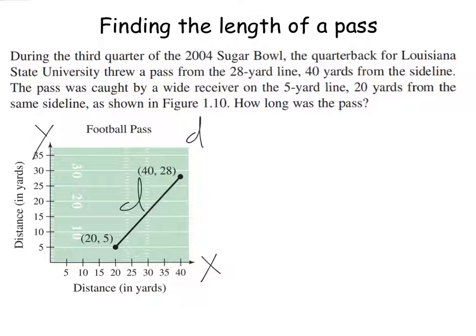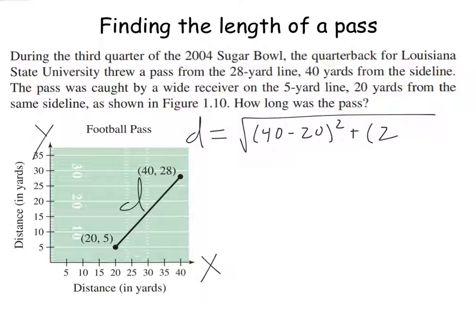So of these two formulas that we've just seen, I'm going with the distance formula where I'd take the difference of the x's, which would be 40 and 20, and then the difference of the y's, which would be 28 minus 5. Okay, notice the work that you're going to see here. This is no different than the one we did before, right?